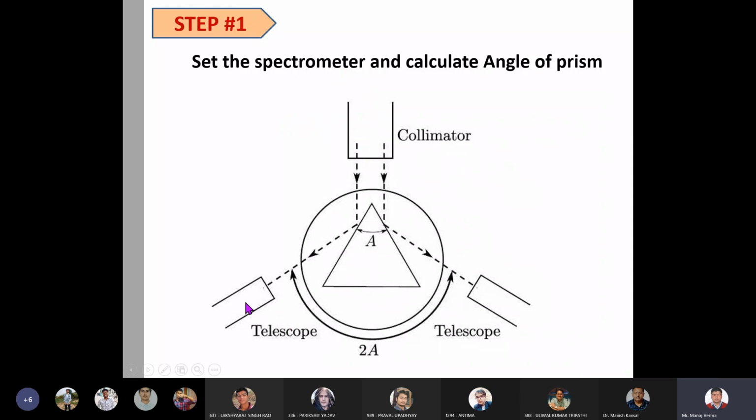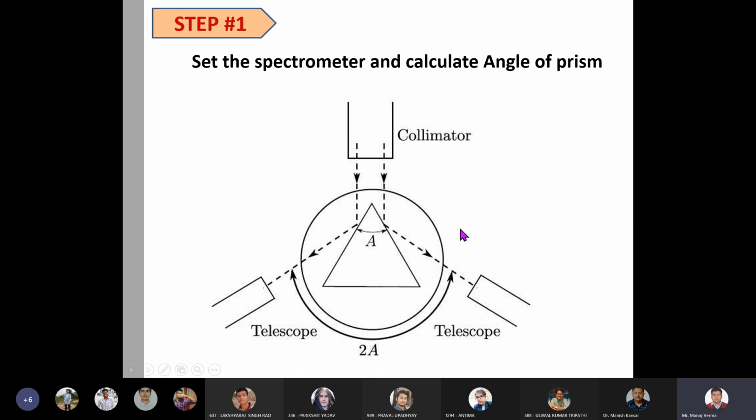I am calling this position of telescope A, and this position of telescope B. So if I subtract the observations of these positions, I will get 2A, twice of A, where A is the angle of prism.